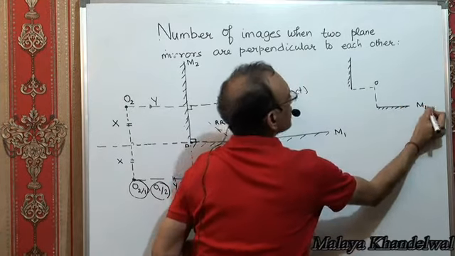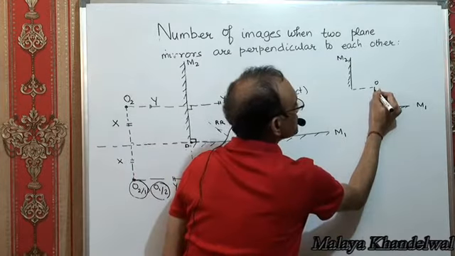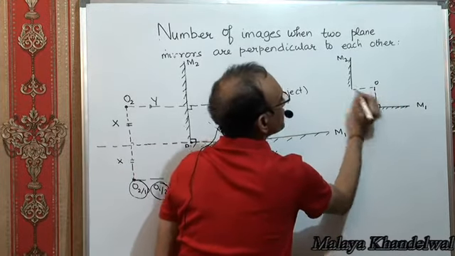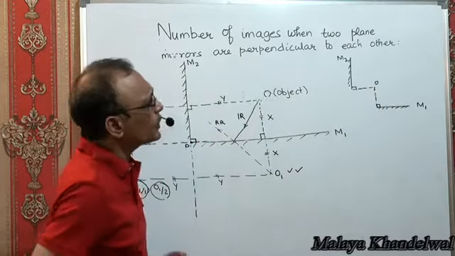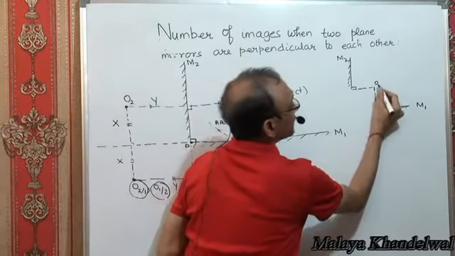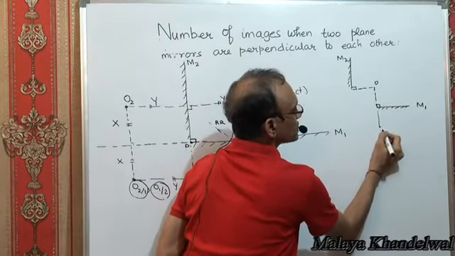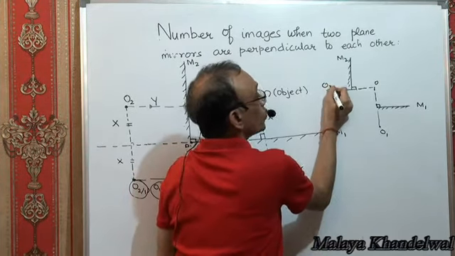Say this is a mirror M1 and this is a mirror M2, and this object is placed here, perpendicular to this edge. Very clearly now there would only be two images. There would be an image of O formed by M1, which is O1, and an image of O formed by M2, which is O2. Why?